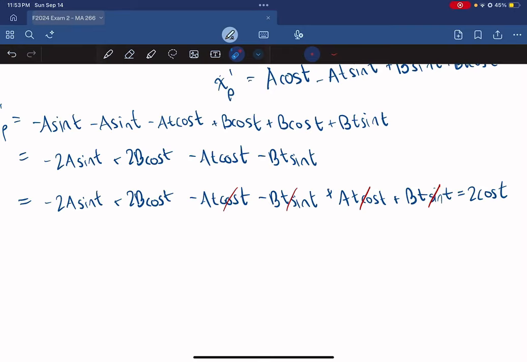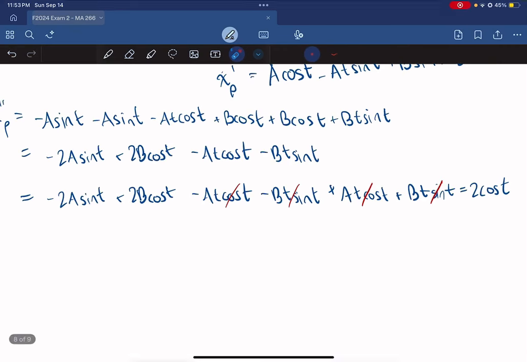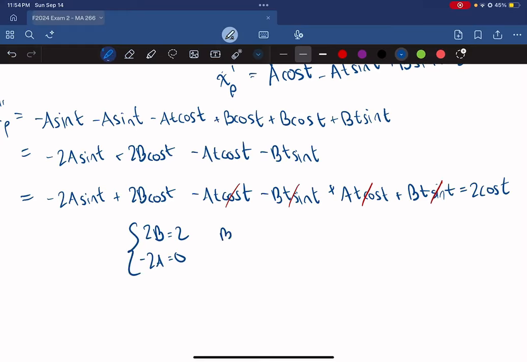So for cosine, we just have 2b equals 2. And for the sine, we have negative 2a equals 0, because there's no sine terms on this side. And so that's your system, and obviously b is going to be 1 and a is going to be 0. And now you have your coefficients.